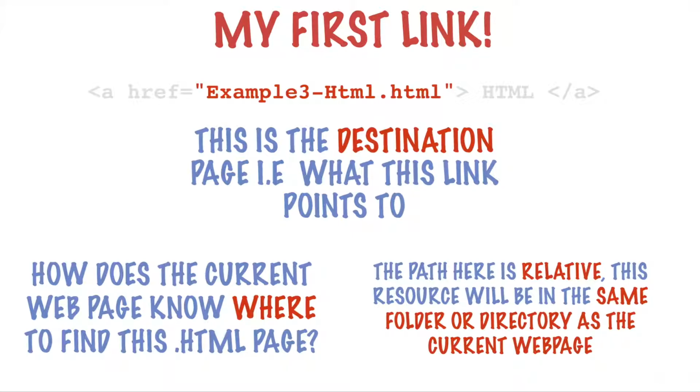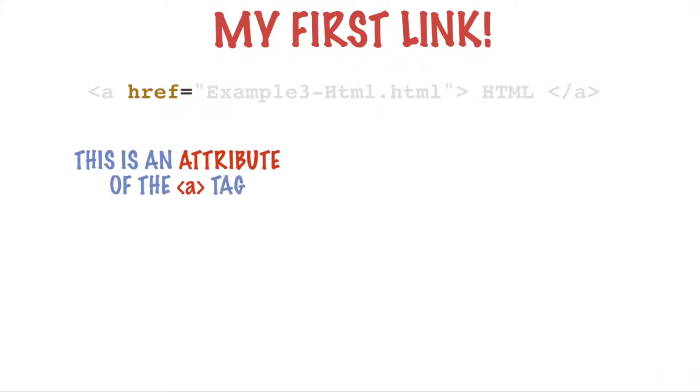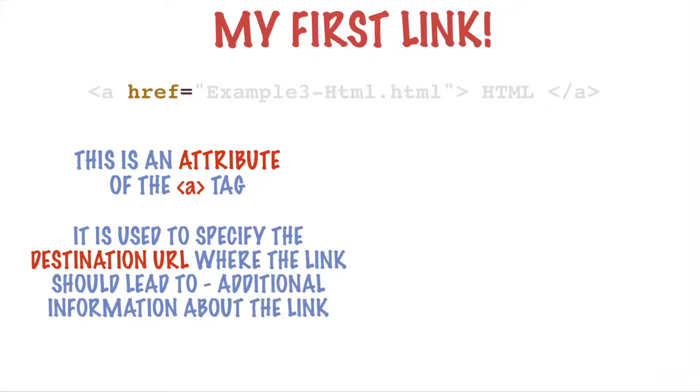You can see clearly that this is a part of the opening A tag. In fact, it's assigned to a specific attribute, which is called the href attribute. Href is a specific attribute used to specify the location, the landing location of this link. Href stands for hypertext reference.